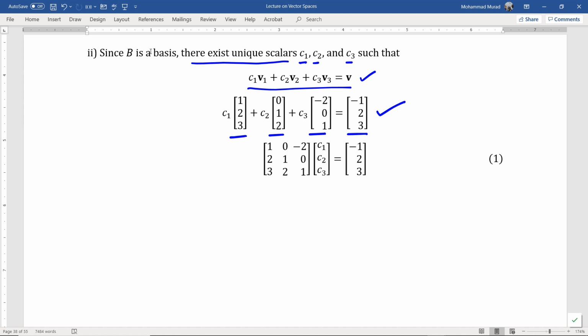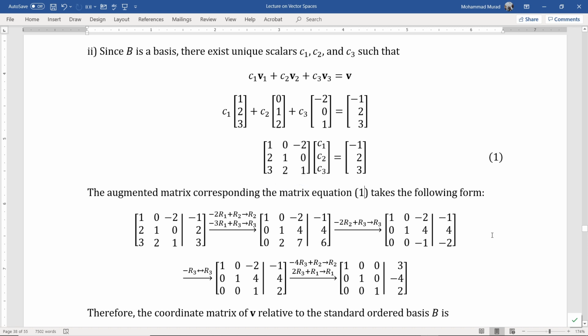The left-hand side of this equation can be put into this form: the product of a 3 by 3 and a column matrix. And the right-hand side stays the same.